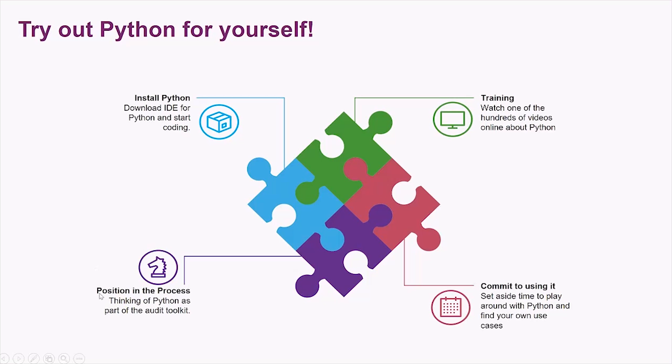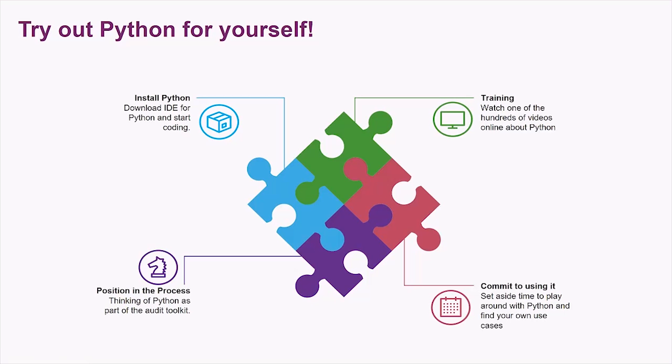Think about how Python could be used in your audit process right now. Maybe it's something you would look to add to your toolkit. Add some heavy data analytics without having to pay license fees for at least some of the things that you're looking to try to do. And then just commit to trying to use it. If you are interested in this, just commit a certain number of hours per week or per month and just play around with it, see if you can get it to work.